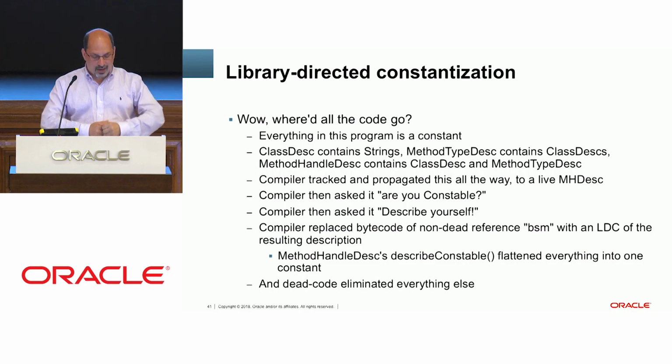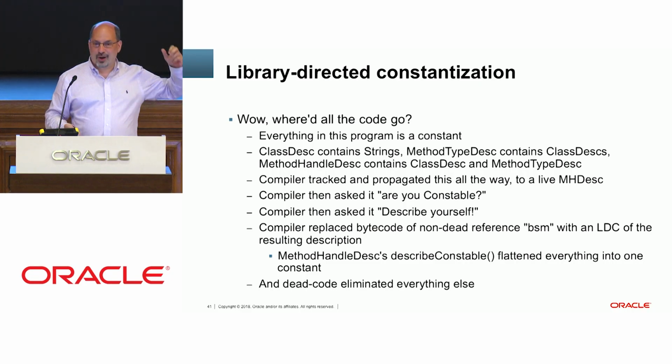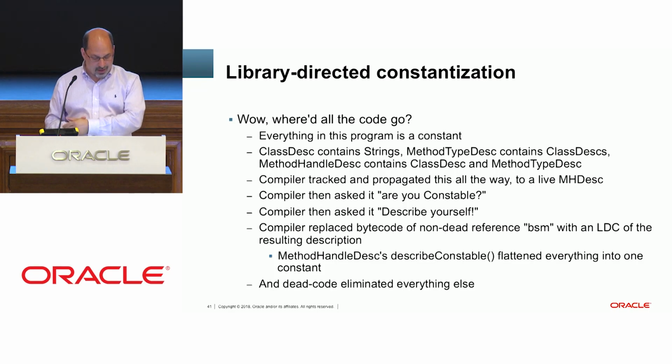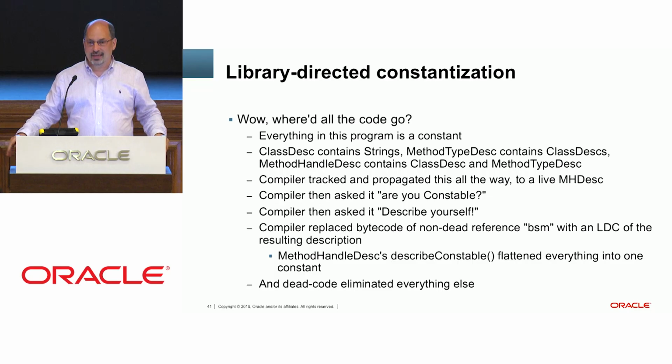I combined smaller constants into bigger constants. I tracked and propagated them throughout the program to the point where they were used. I had to emit bytecode for them. I said, can you describe yourself nominally? The thing said yes. And everything else was eliminated as dead code. So, small number of tricks that work together really nicely.